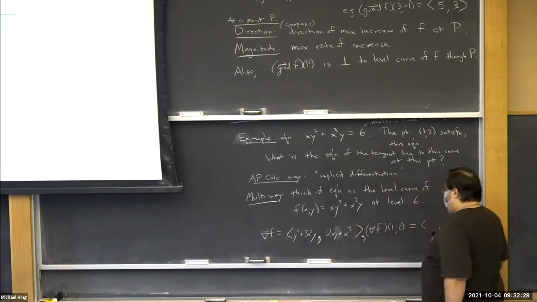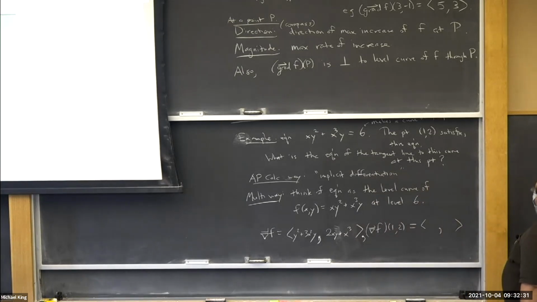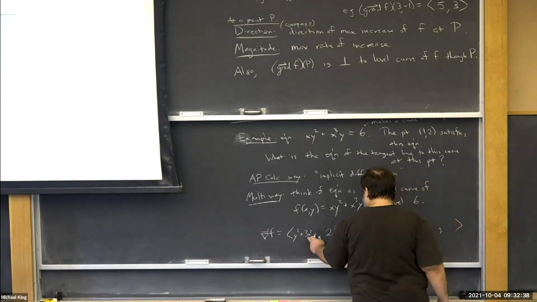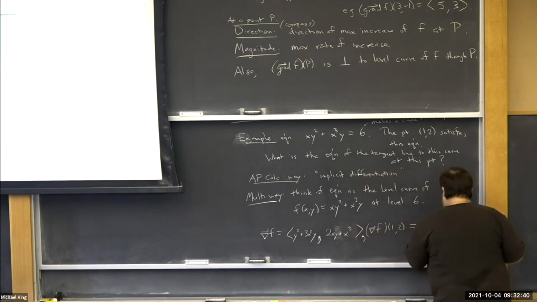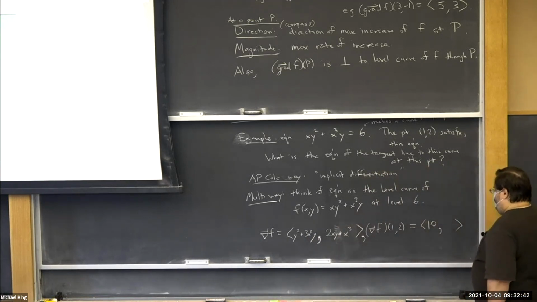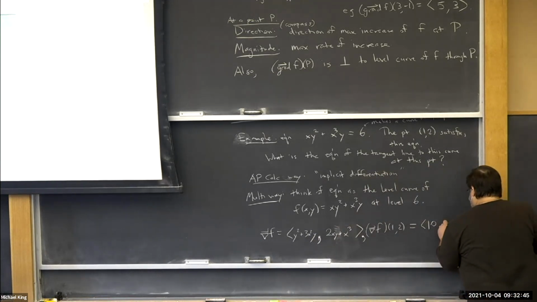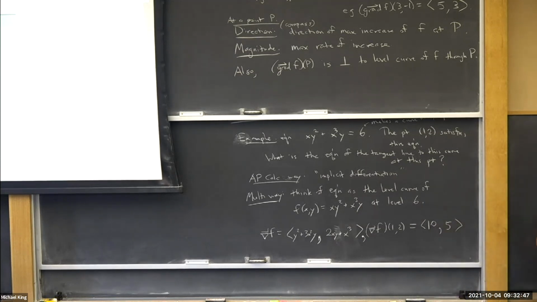And then when you plug in the point, 4 plus 6 is 10. And 2 times 2 is 4, plus 1 is 5. Good. (10, 5). Interesting. Is that plausible on the picture of the graph at this point? (10, 5) kind of points that way, right? So it's plausible. That's exciting.